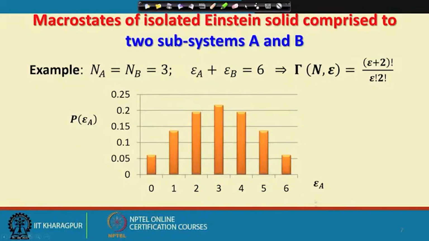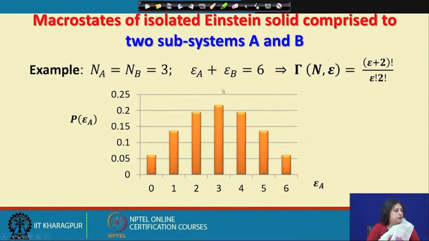We find that epsilon A can take values from 0 to the maximum, which in this case is 6, and the probability of subcompartment A having energy epsilon equal to 0 is much less compared to the situation where it has an energy value equal to 3.